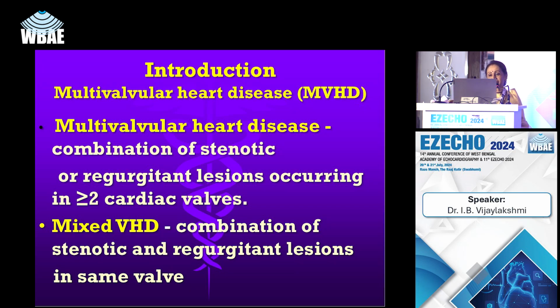Multivalvular disease is defined when there is a combination of stenotic or regurgitant lesions occurring in more than two valves. We call it mixed valvular heart disease when there is a combination of stenotic and regurgitant lesions in the same valve. So multivalvular is different from mixed valvular disease.